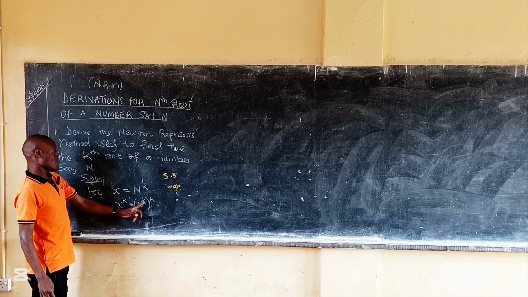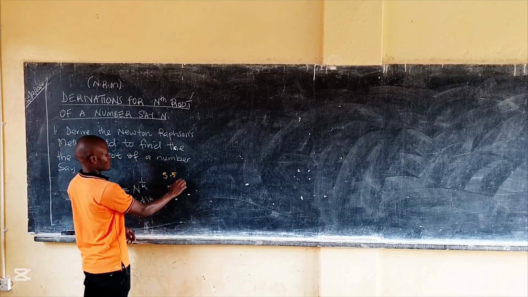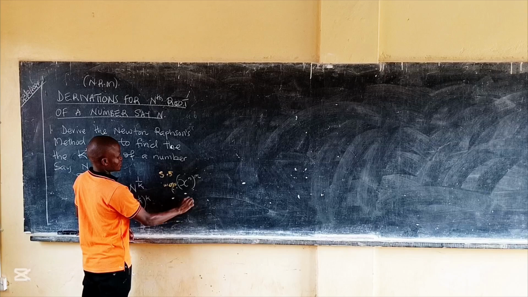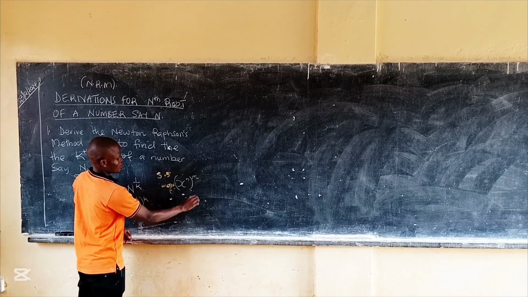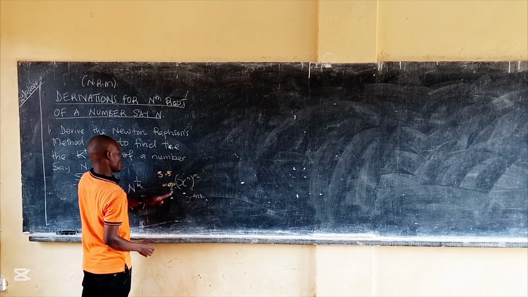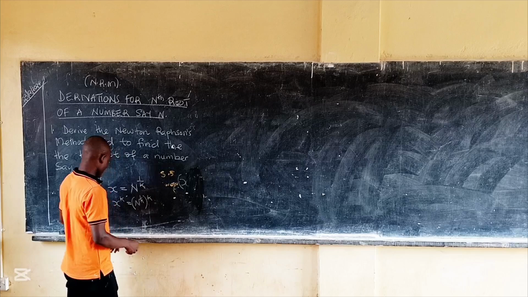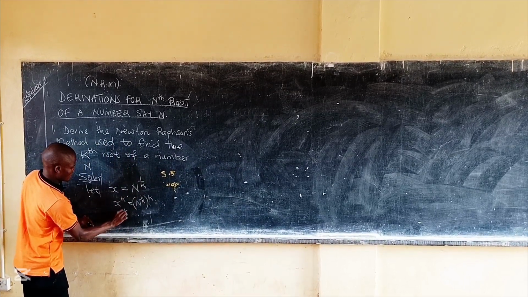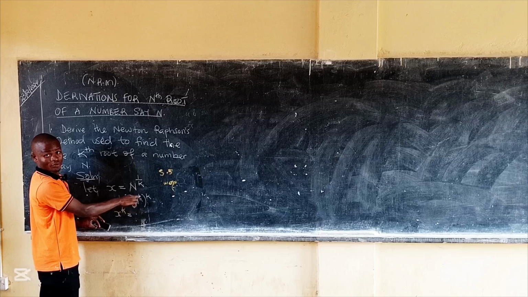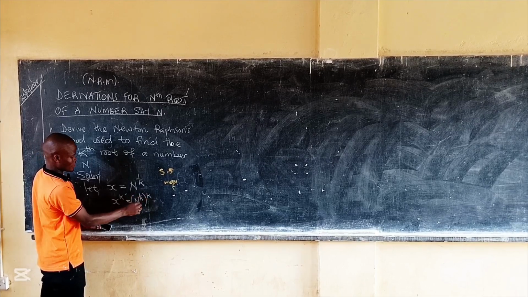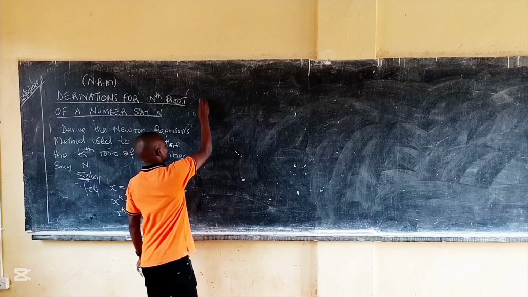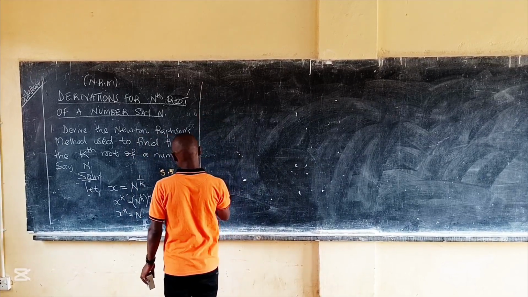And as you look at this by laws of indices, if I have a number x power n to power m, this is the same as x power n times m. So basing on that, we can now say this x to power k is the same as n to power 1 over k times k, which cancels to 1. So this one is just x to power k equals n.